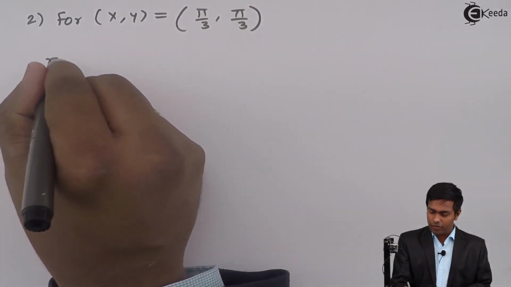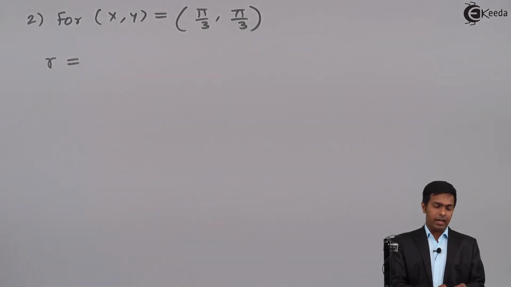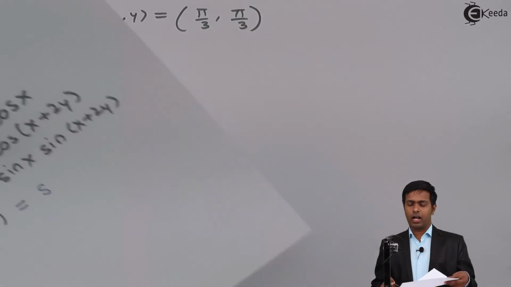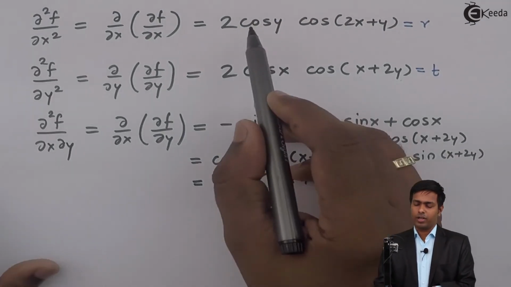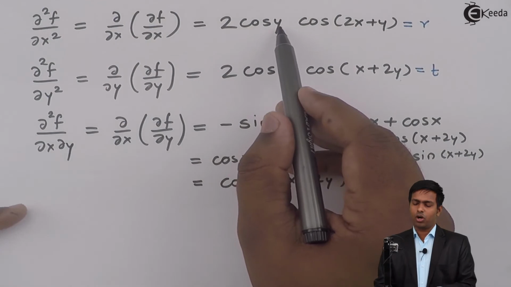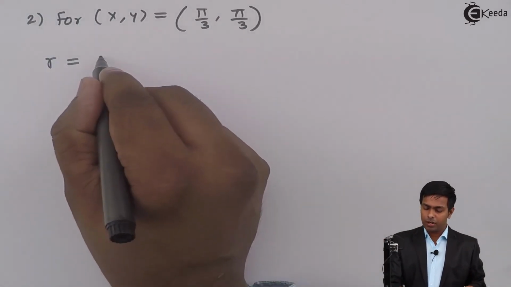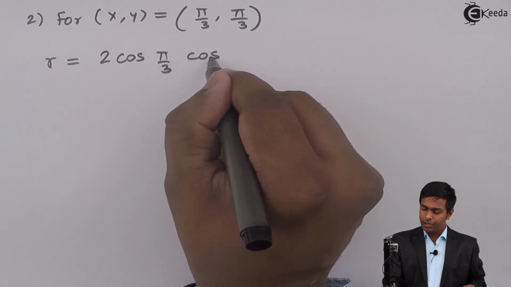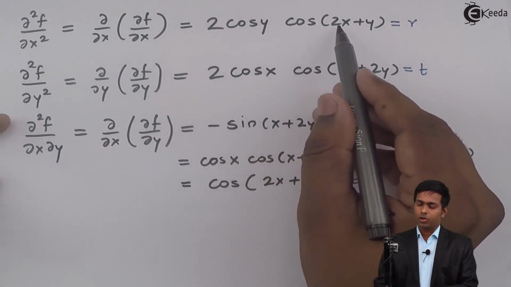So we'll again find out the value of r, t and s square or s. So for r, we'll substitute the values over here. So here we'll get 2 into cos y, that will become 2 into cos y is pi by 3, into cos of 2x plus y.